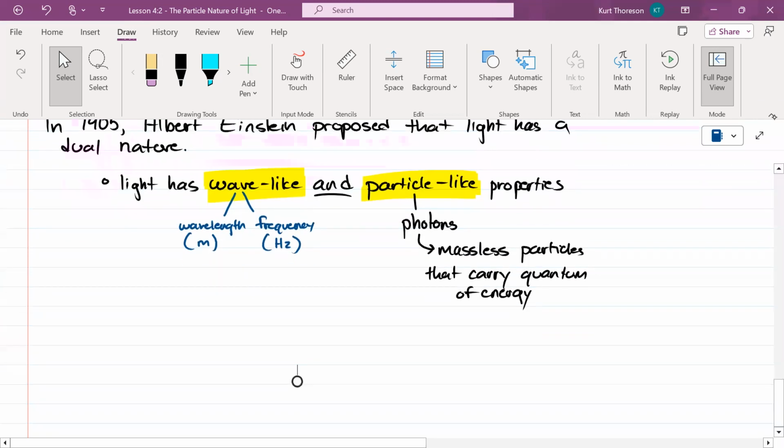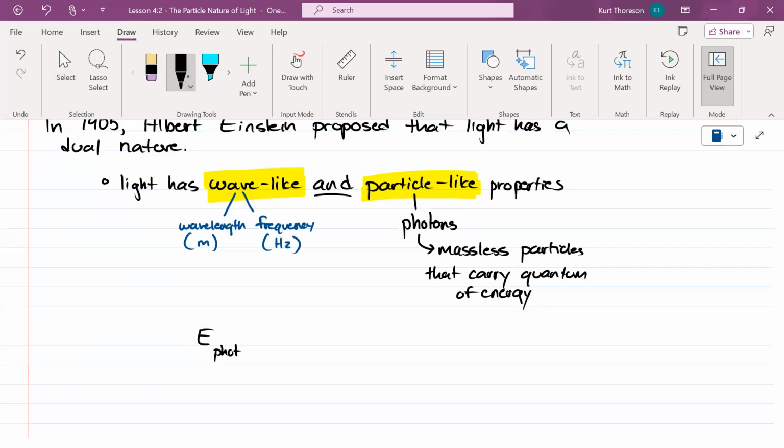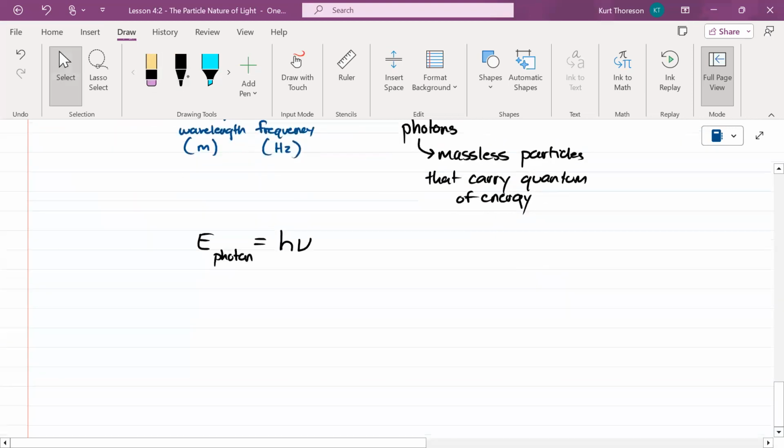And he has another equation, looks awfully familiar to what Planck had. The energy of a photon equals Planck's constant times frequency. This is energy. What is energy measured in?